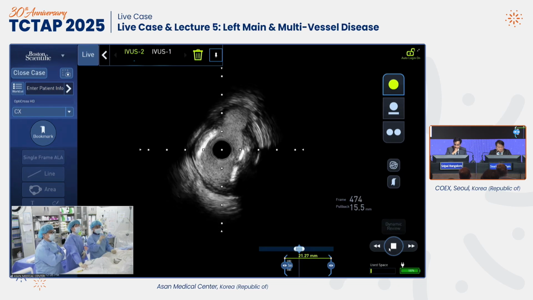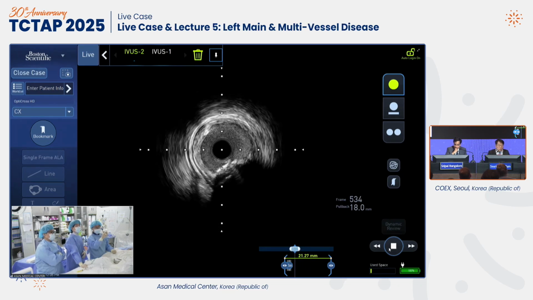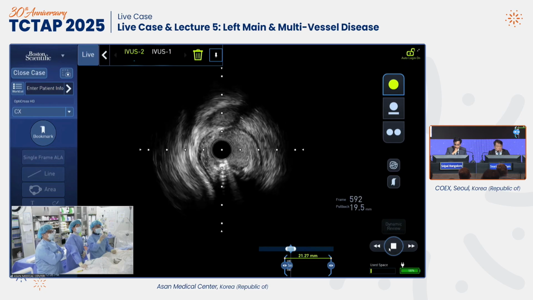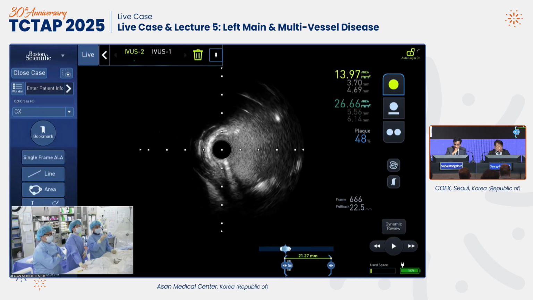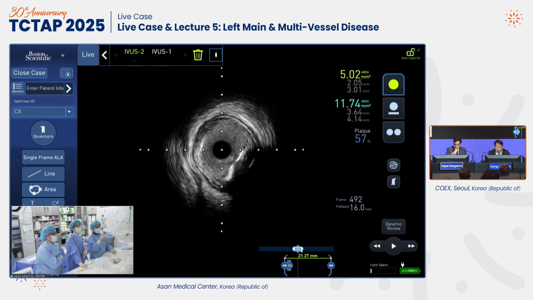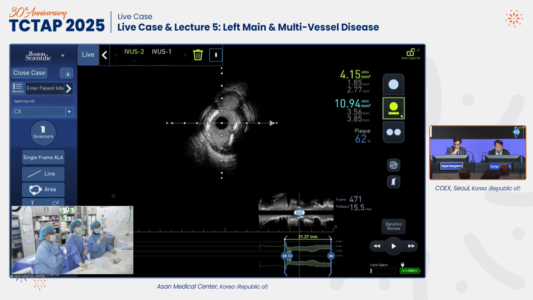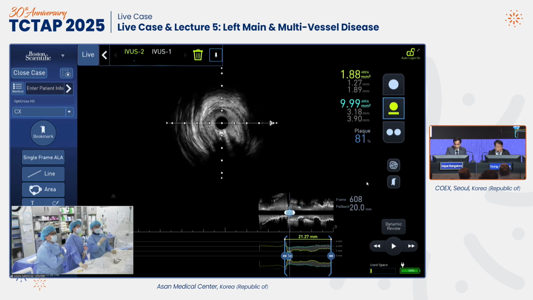Also, here we evaluated the target lesion in the circumflex territory, and we are going to apply the ALA system in the AVIGO. The AVIGO is AI-assisted analysis, and the ALA is automated lesion assessment. It shows the lesion length as well as the narrowest portion.